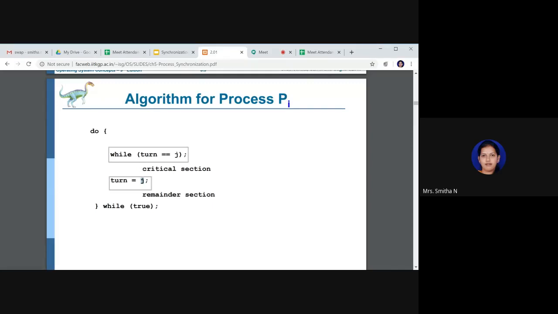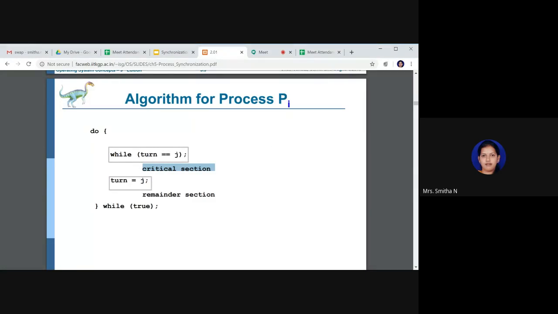But if Pi is already there in the critical section, but Pj tries to enter, what we have to do? We should not allow Pj to enter critical section. That is our solution, because only one process can enter into critical section at that time. Now already Pi is there in the critical section. In that situation, if Pj tries to enter, turn for Pj will be set to j, correct?